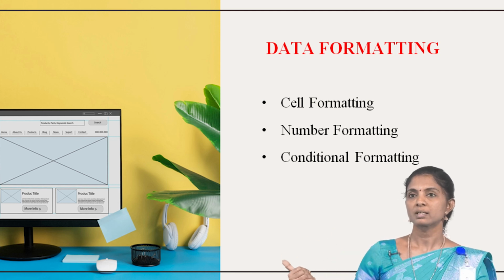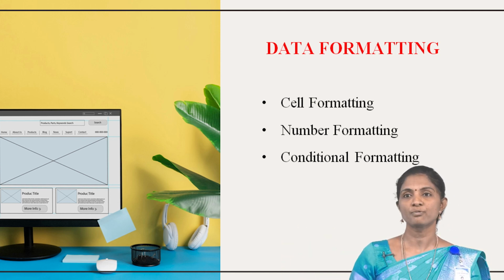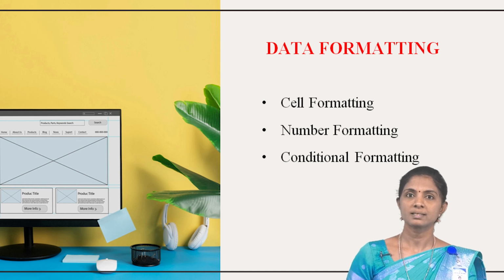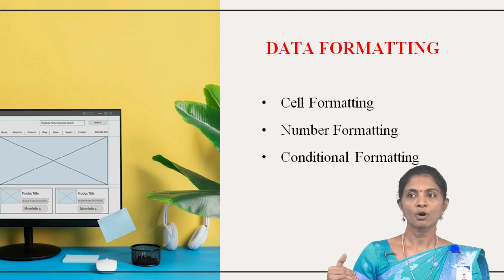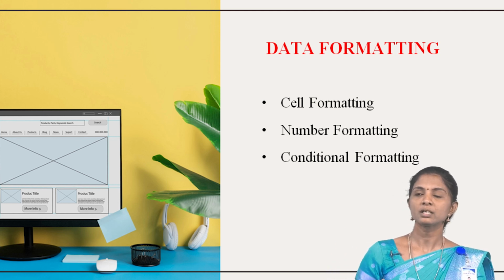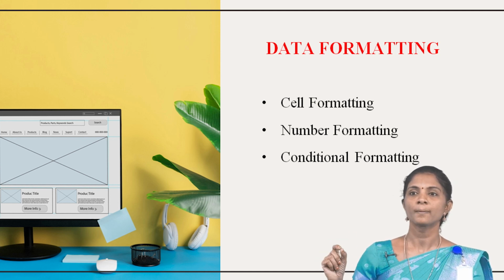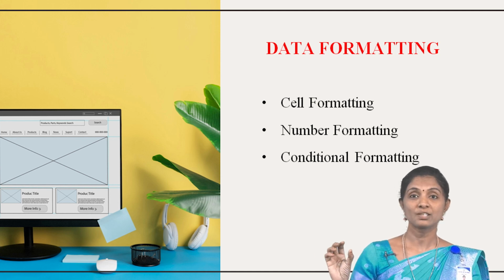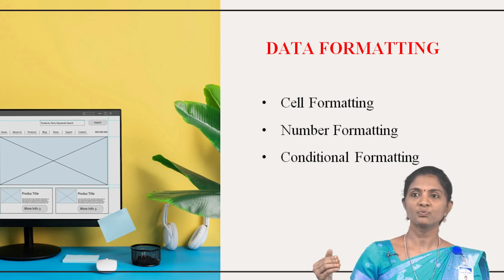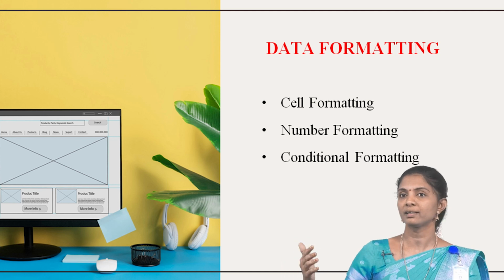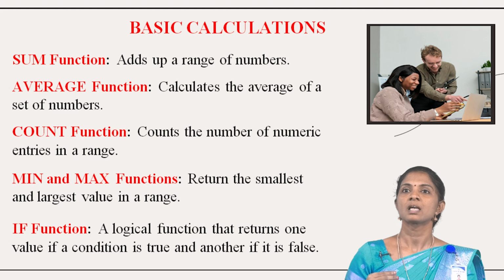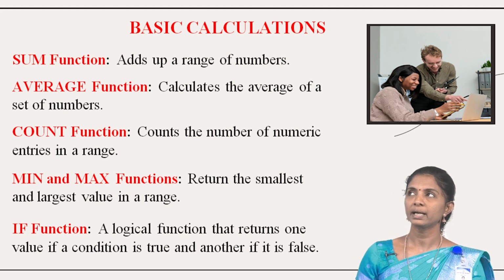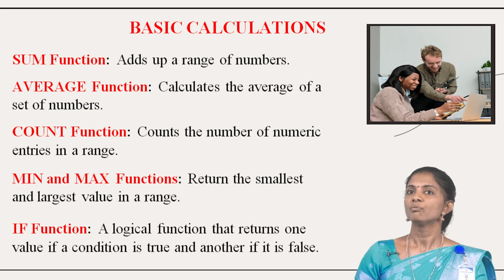Number formatting is applying different number formats such as currency, percentage, date and time. Conditional formatting is automatically formatting cells based on some specific conditions, like highlighting values greater than 100.